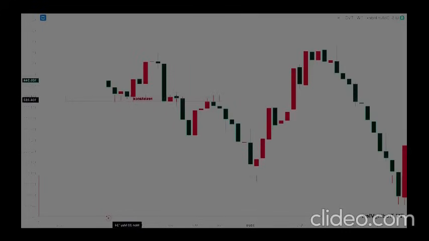So as you can see, after the resistance got broken, then the market turned this zone to support.